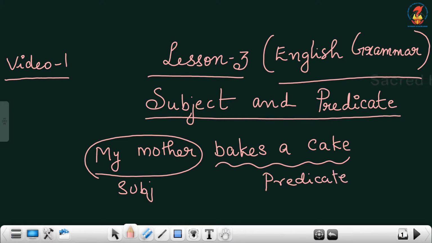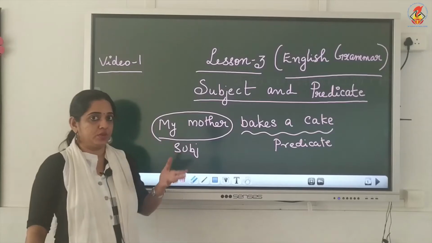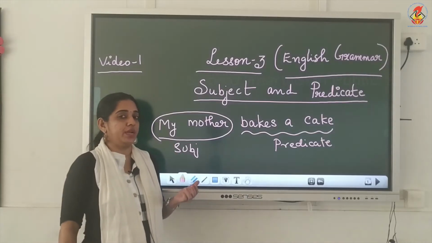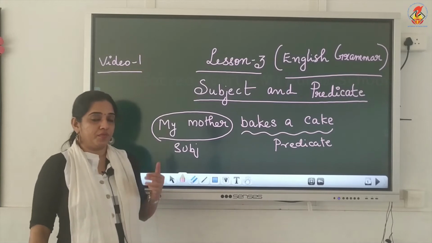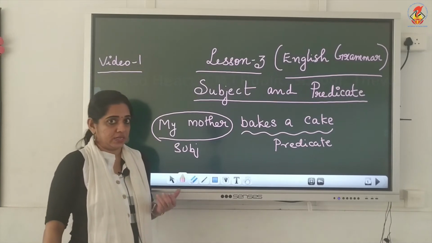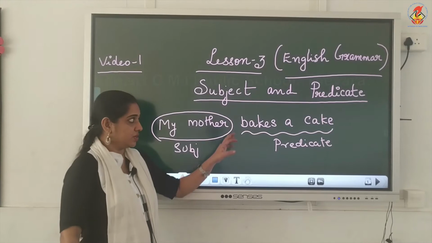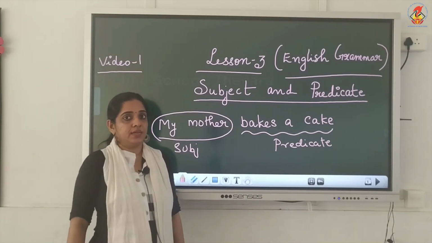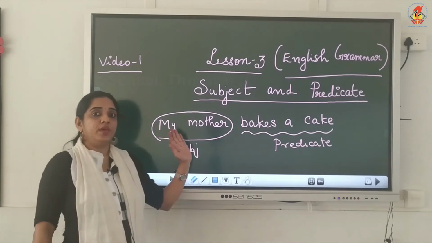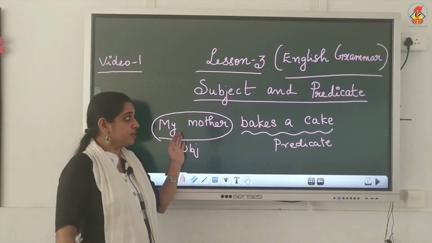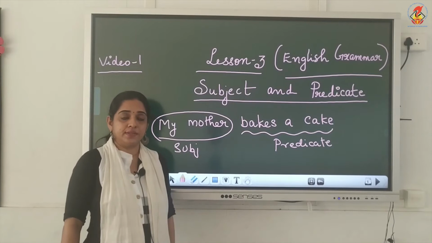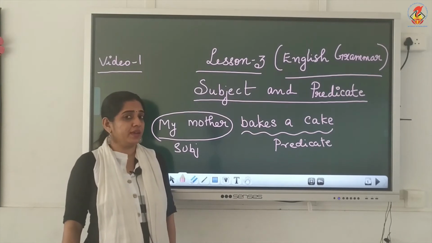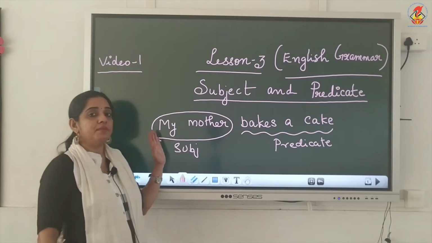How do you find the subject in a sentence? See here, first, what is the verb? Verb is an action word. You already studied it in grade 4, and from your very small classes onwards you are studying what a verb is. So here, bakes is the verb, and who is doing the action? Who is baking a cake? My mother.